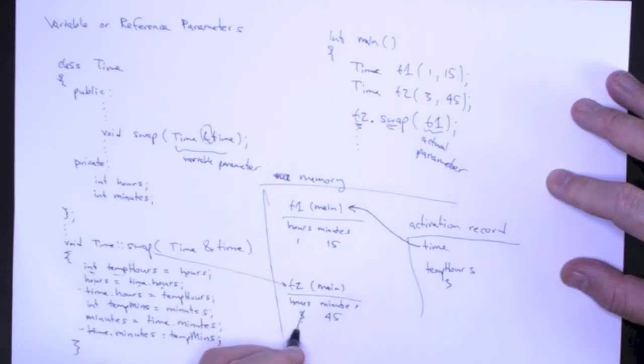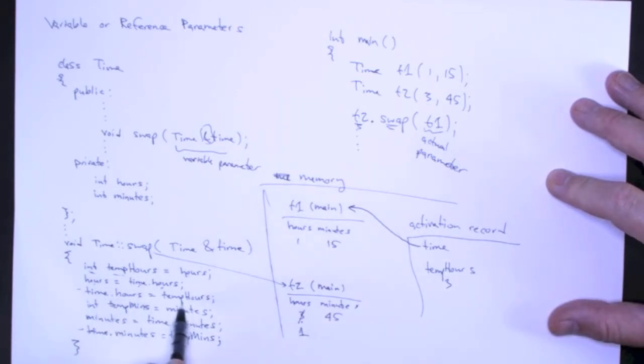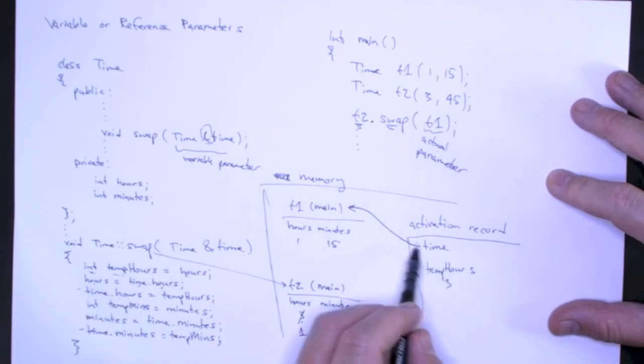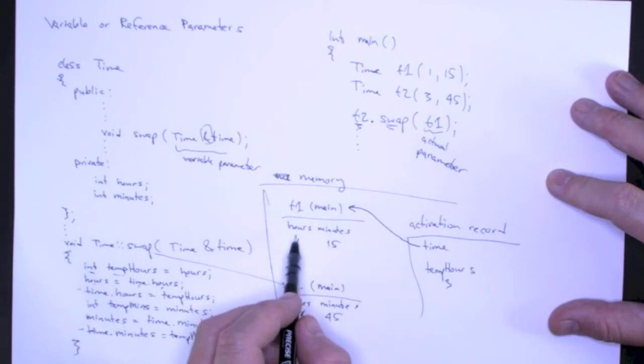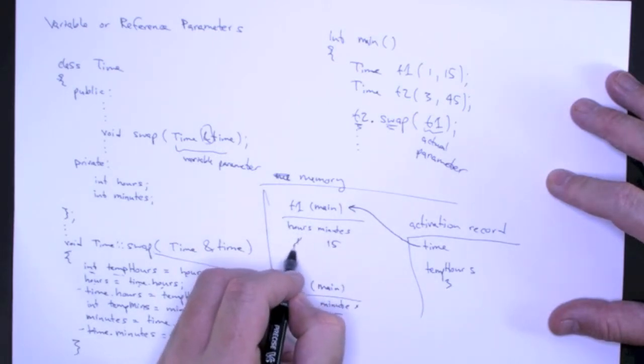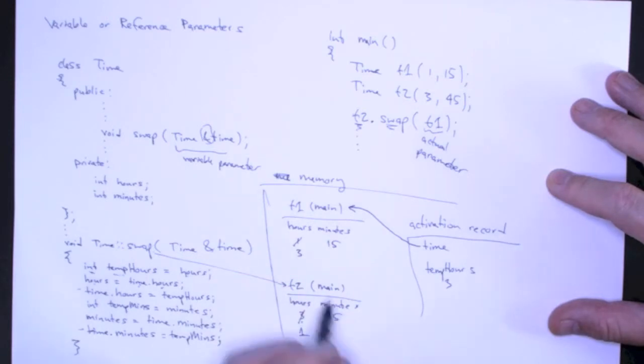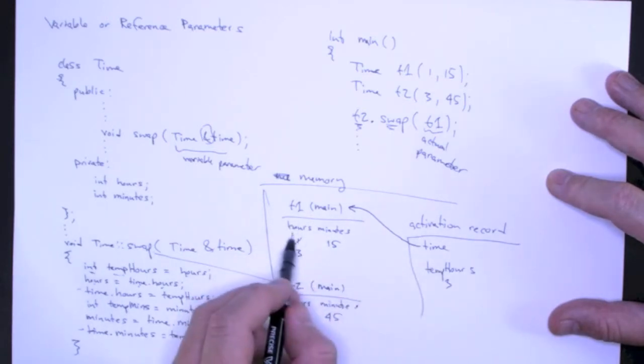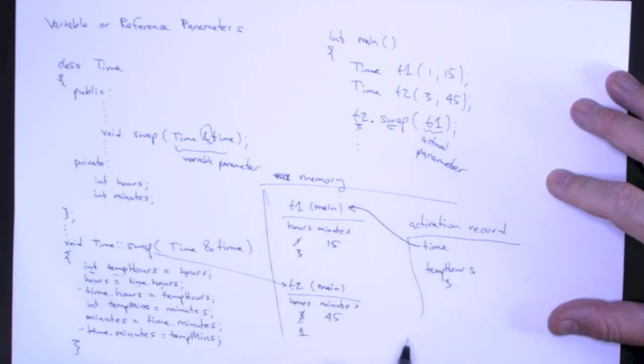So 3 now is going to get changed to 1. Then I'm taking temp hours and I'm storing it in time hours, but time hours is really just T1's hours. So temp hours is 3, so now I'm changing T1's hours, so time's hours, to 3.